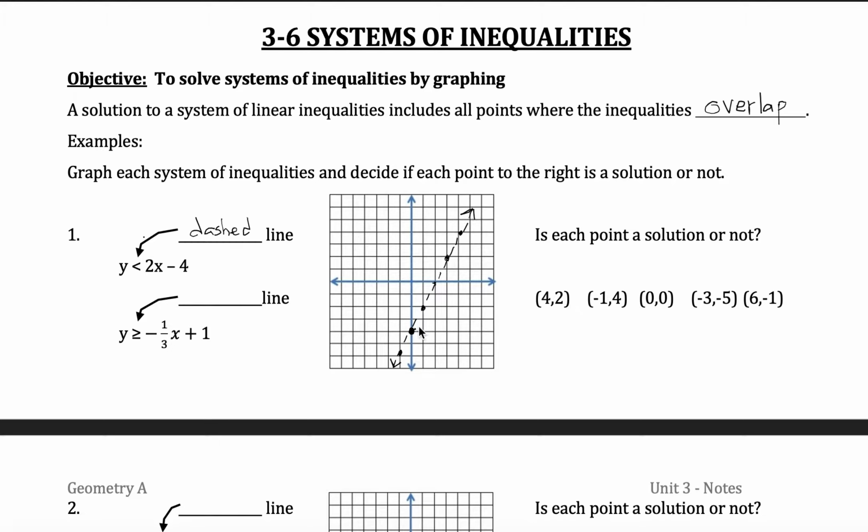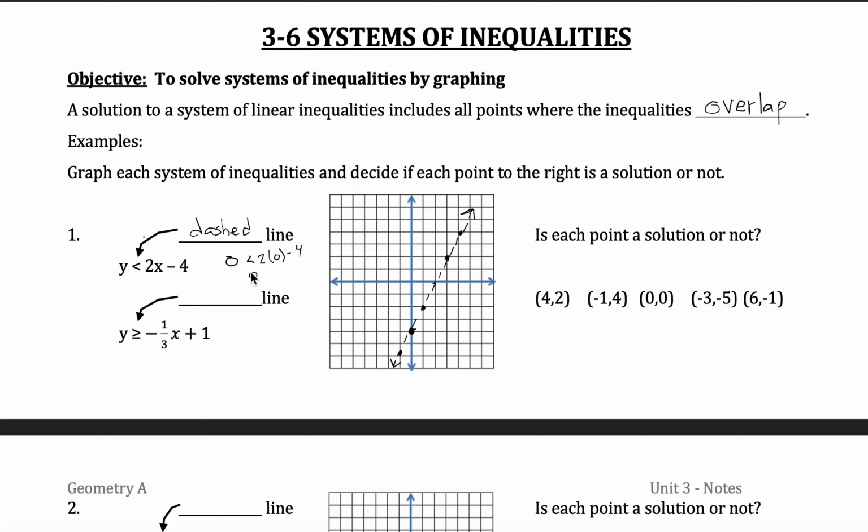Now, since this is an inequality, what we need to decide is which side of this line is going to be shaded, which side of the line makes the inequalities true. So there's a couple ways you could figure this out. One way is you could just plug in 0, 0 to see if this inequality is true. So it would be 0 is less than 2 times 0 minus 4.